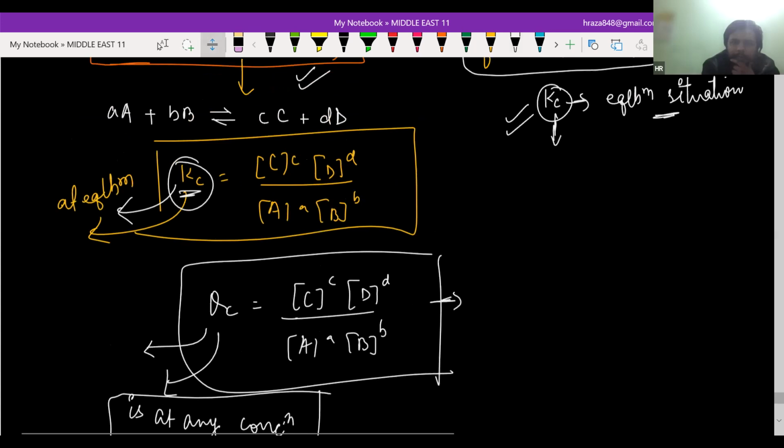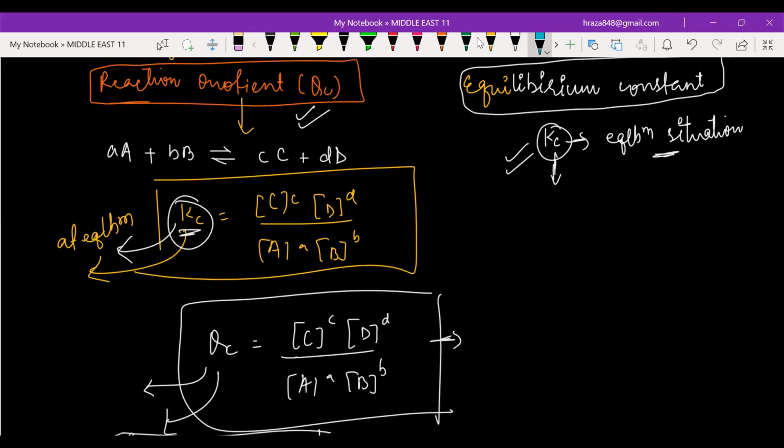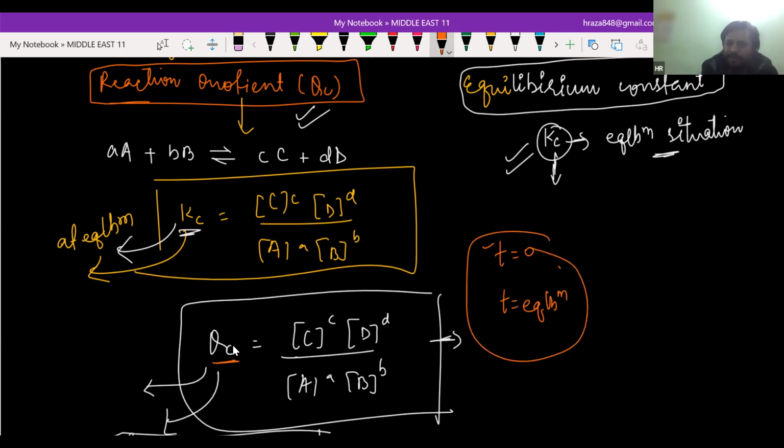Yes, why not? Why am I here, Fawaz? To explain again and again. Okay. So what I want to say is that Kc only represents the situation at equilibrium, whereas Qc represents the situation from t equals 0, when the reaction is about to start, till equilibrium.